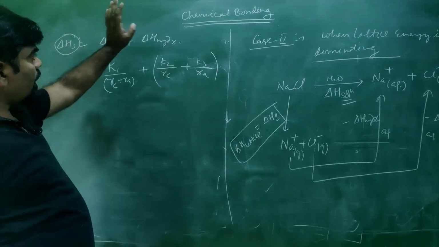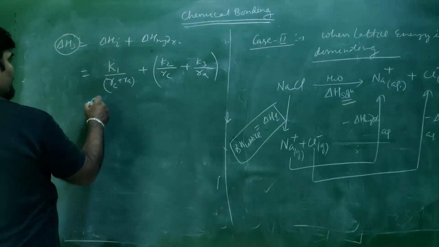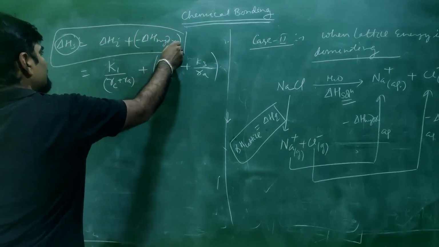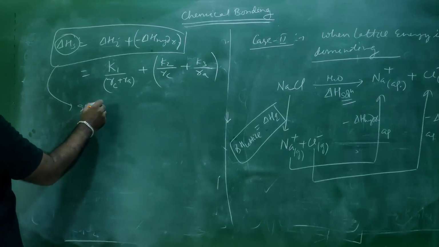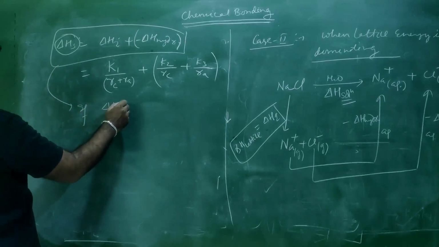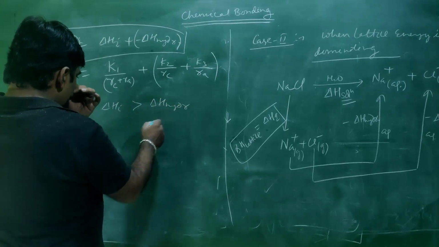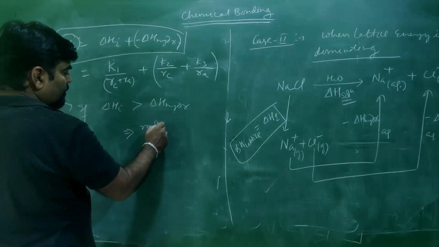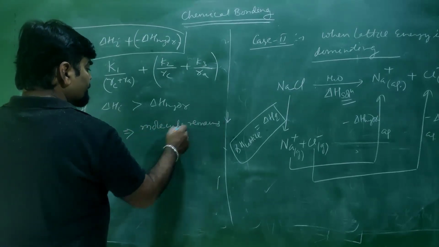Hydration enthalpy is negative, so this we can explain. This value is negative, this value is positive. So if enthalpy of ionization is greater than enthalpy of hydration, what we can say, the molecule remains insoluble.